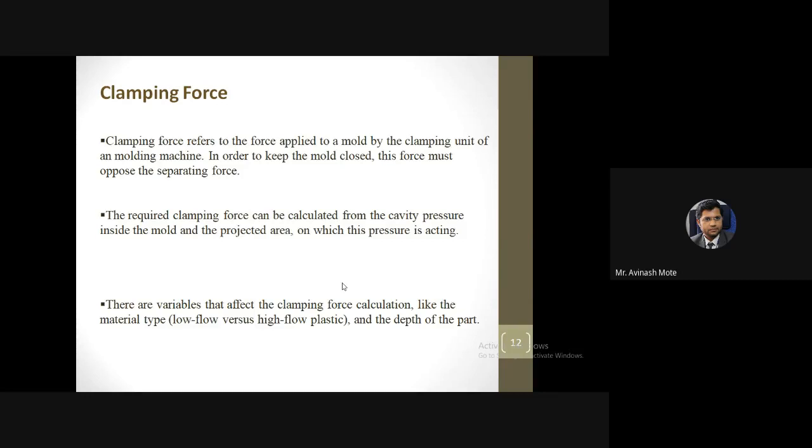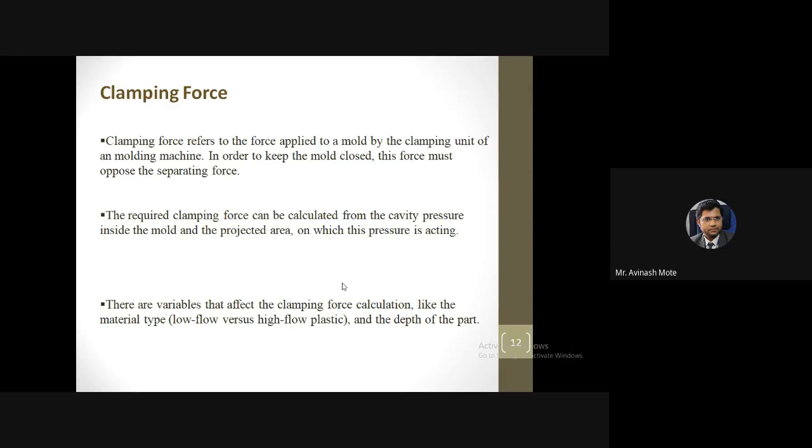The flowability of the material will also decide the inside pressure. If the material is easy to flow, if the flowability is good, then externally we are not supposed to give more pressure. Why are we forcing it from the top?